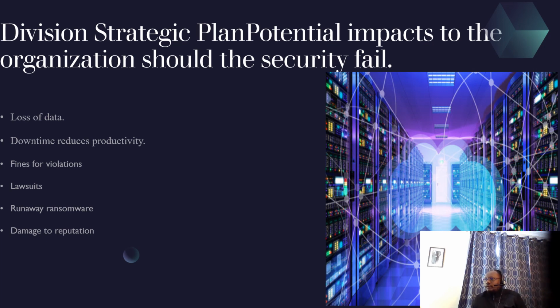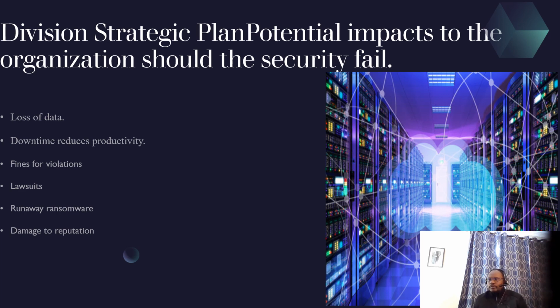Now, breaking down the plan and its potential impact on the organization, we're looking at loss of data, downtime as a result of the interruption, fines for the violation by either federal government or state, depending on which compliance or standards or laws have been violated.